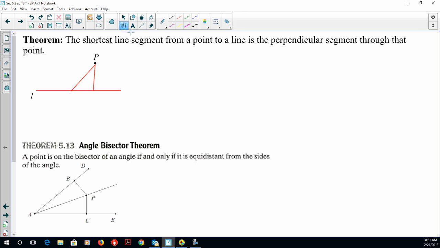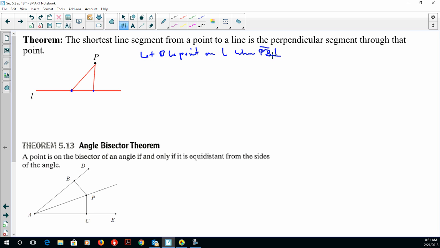So let's let B be the point on L where PB is perpendicular to L. So B is going to be this point, and this is going to be perpendicular.